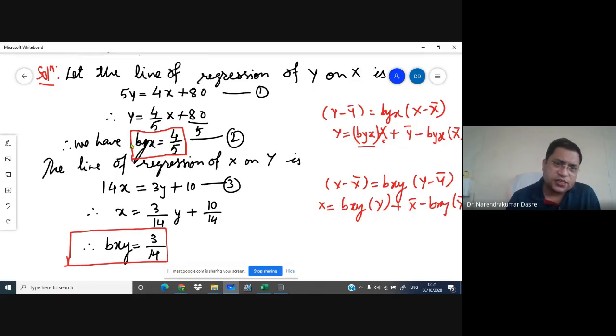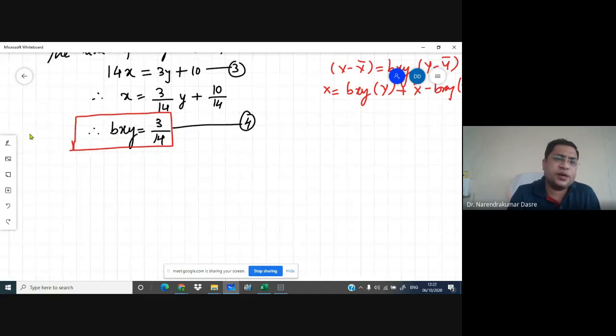If it happens that one is negative and another is positive, that means your calculations are wrong. If both are negative, that is fine. If both are positive, that is fine. But it cannot happen that one will be positive and the other negative. So here we got these two values to be positive, and hence these calculations are correct.